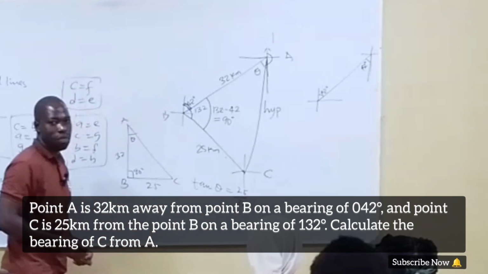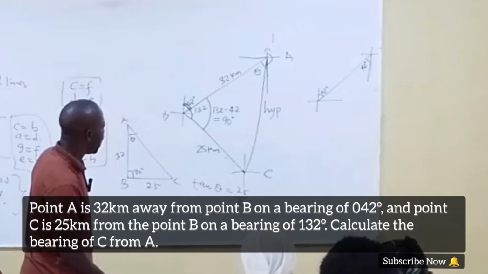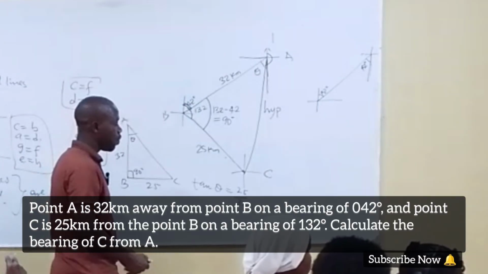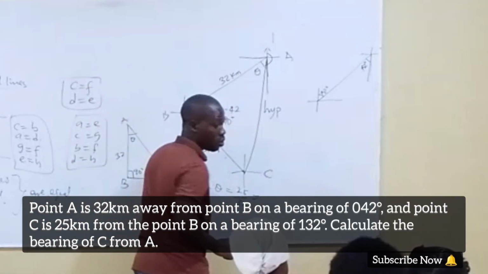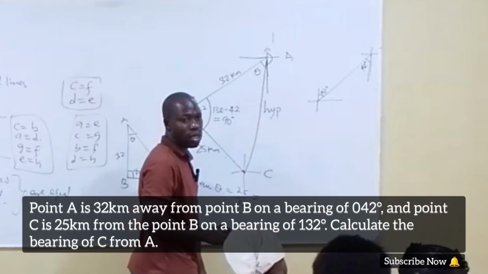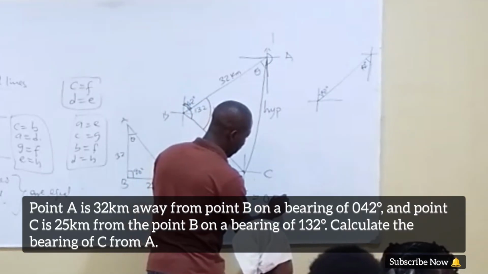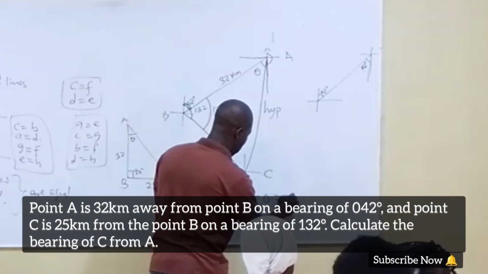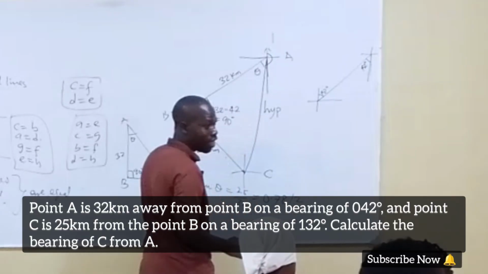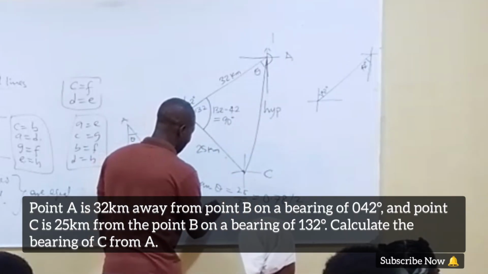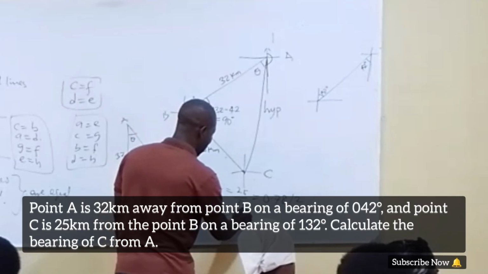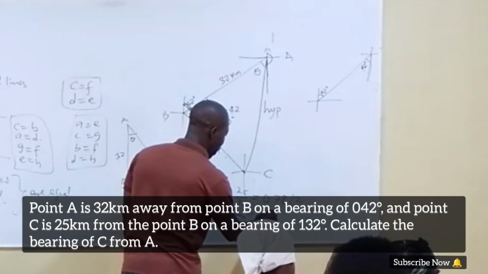Are we on the same page? Let's get theta. What is 25 over 32? 0.7812. So let's get theta: arctan of 0.7813.